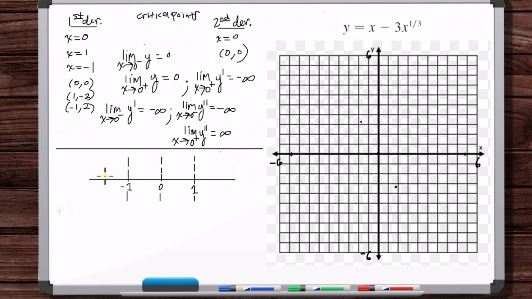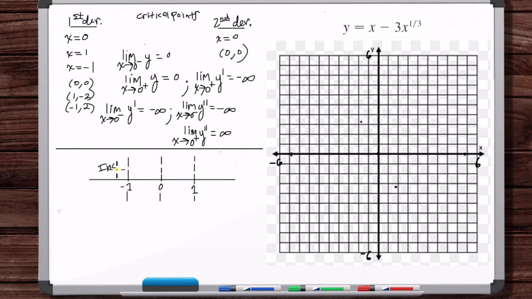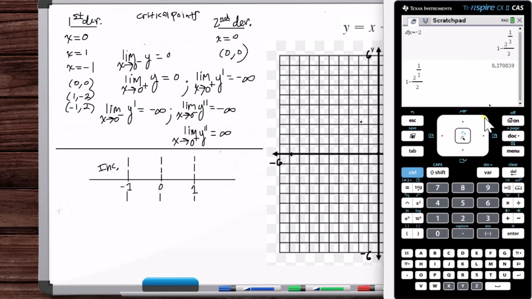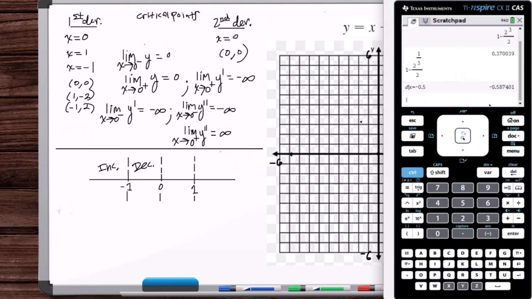It can only change across a critical point. All right. So the first derivative with x is equal to minus 2. Okay, well, what is this? Positive or negative? This is positive, so increasing. What about minus 0.5? Okay, so decreasing here. What about positive 0.5?